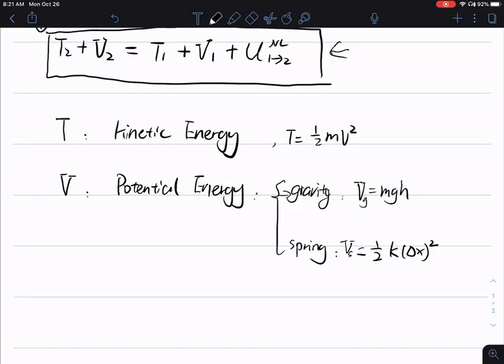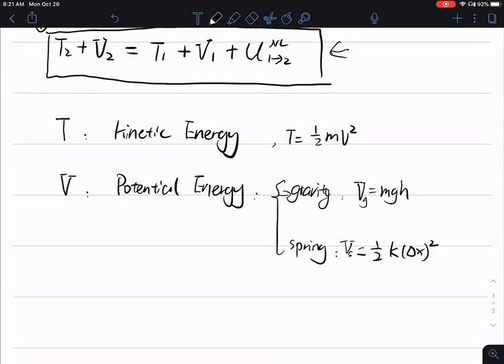For gravitational potential energy, we have either positive or negative potential energy, depending on where we set the reference point, right? Everybody agrees with that? Yes, that's the truth. For spring potential energy, can we have negative spring potential energy? Raise your hand if you think we can.